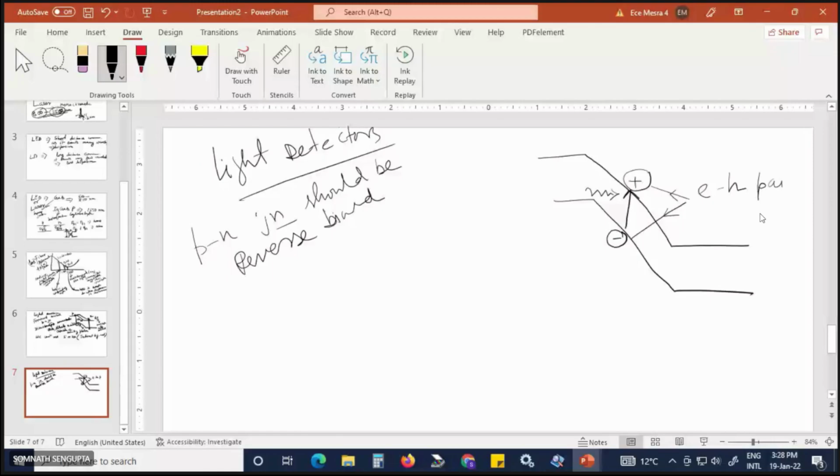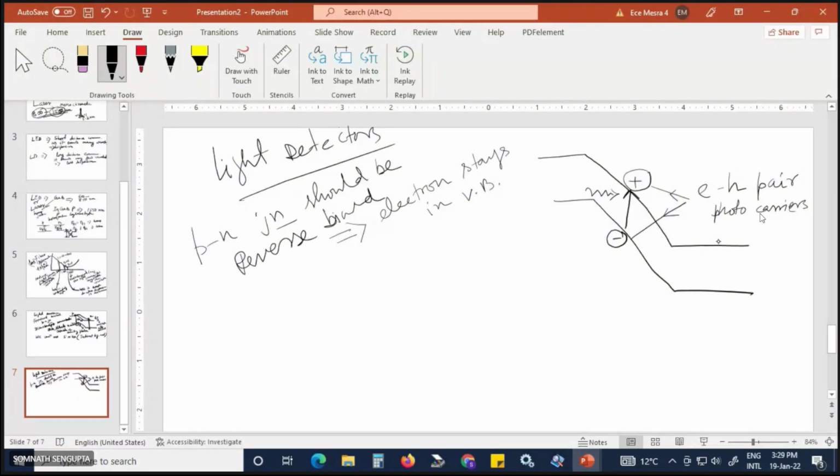Okay. So the electron is staying in its valence band. If you reverse bias it, that ensures that the electron stays in the valence band. Then electron hole pairs are generated. These are called photocarriers, that is, carriers that are generated due to photons.